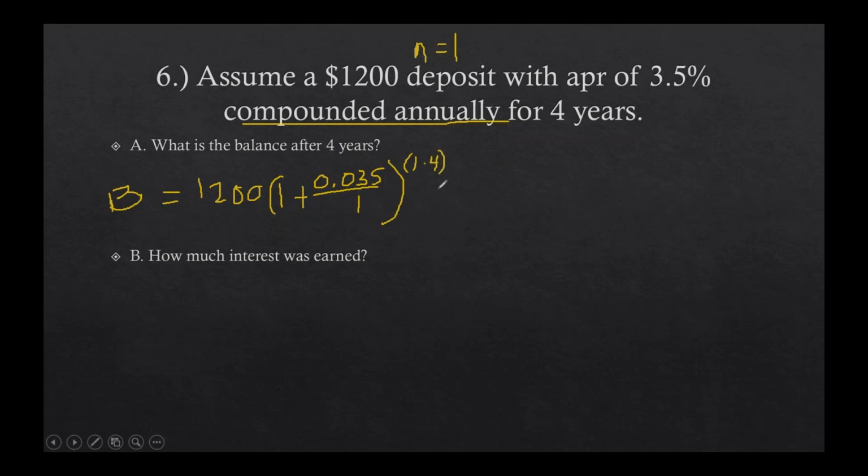Now you can see with an N value of 1, if I had left that out and just had that be 0.035, that's the same thing, because when I divide that by 1, my mathematics does not change. But just for the sake of the formula, there it is. So see if we can plug that in and what kind of answer we get.